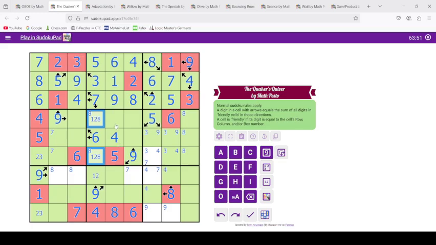We also have 3 and 7 to place in this box. Neither of which are restricted. Oh, but 3 is one of those 3 cells over here. Thus, in this row, 3 has to be in one of those 2 cells. That's not a 3.